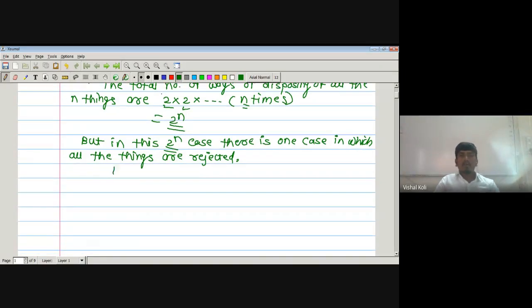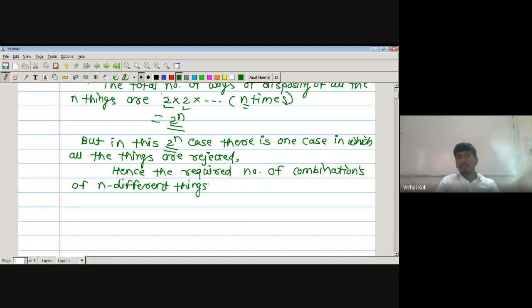Hence the required number of combinations of n different things taken any number at a time is 2 to the power n minus 1.